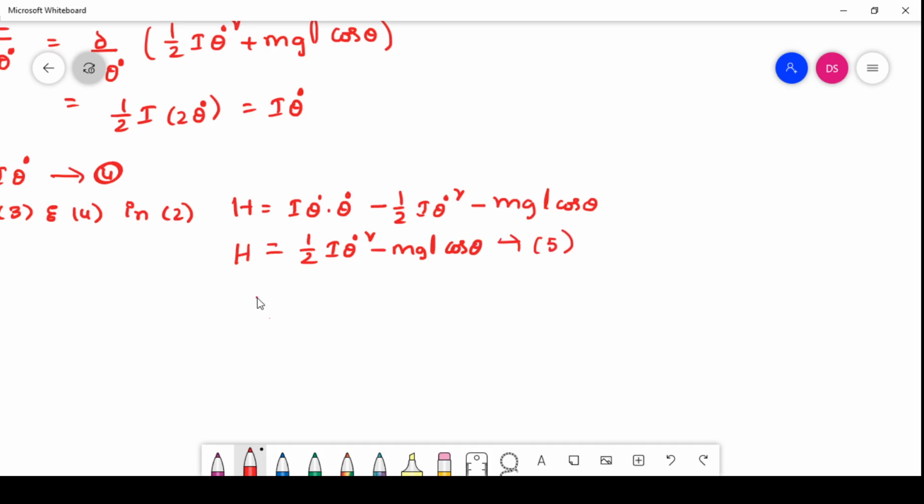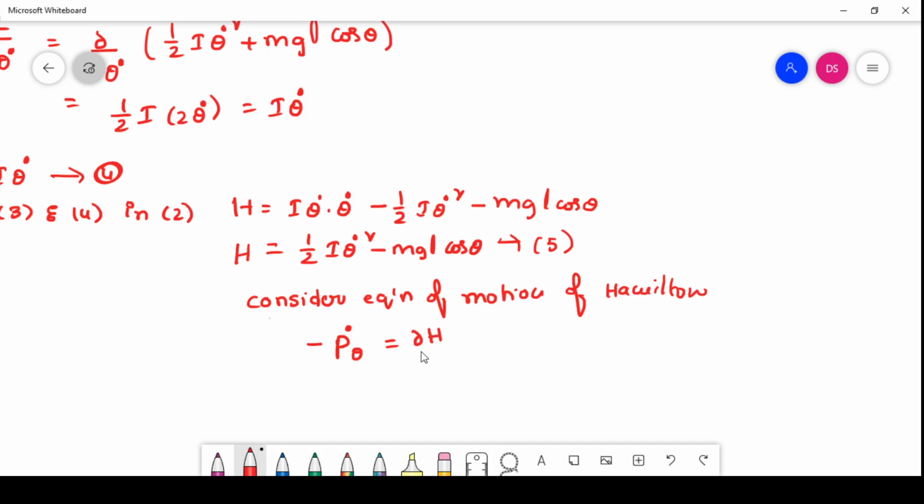Now consider the equation of motion of Hamilton's equation. Then what is the equation of motion? Minus p theta dot is equal to dou H by dou theta. So minus dp theta by dt is equal to dou by dou theta of what is the H value, half I theta dot square minus mgl cos theta.